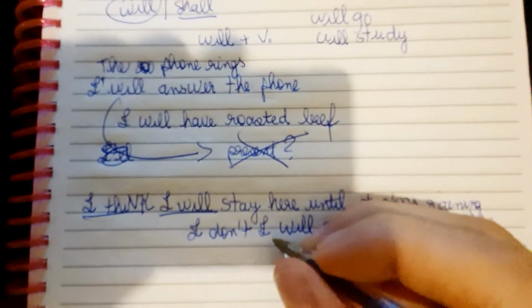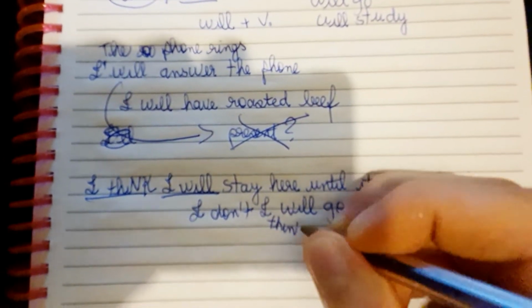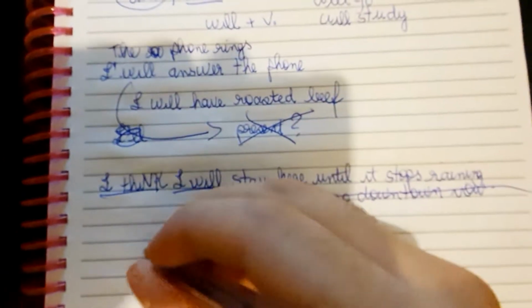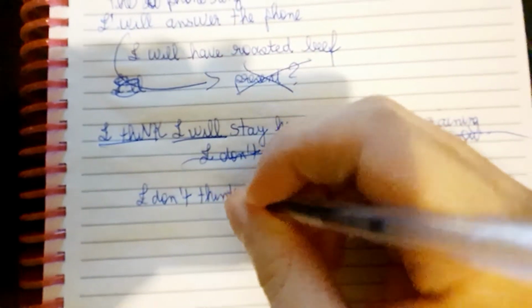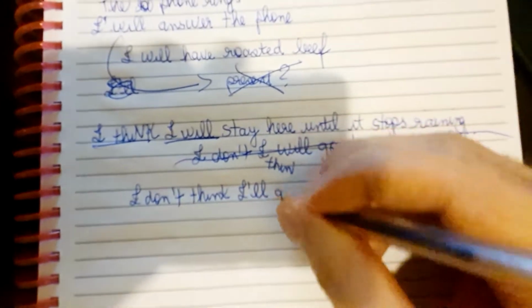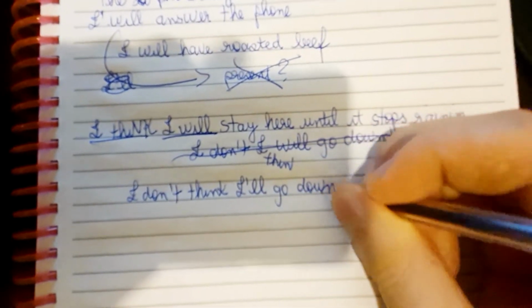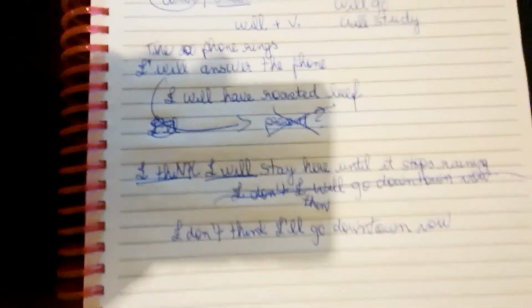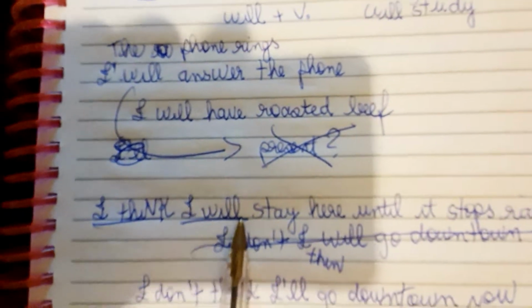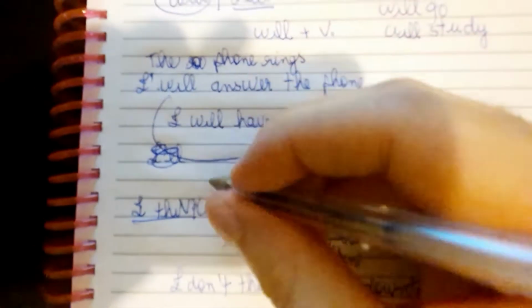I forgot to write the verb think here. Oh my God. I don't think I will go downtown now. So pay attention. I think I will. It's an expression. I think.